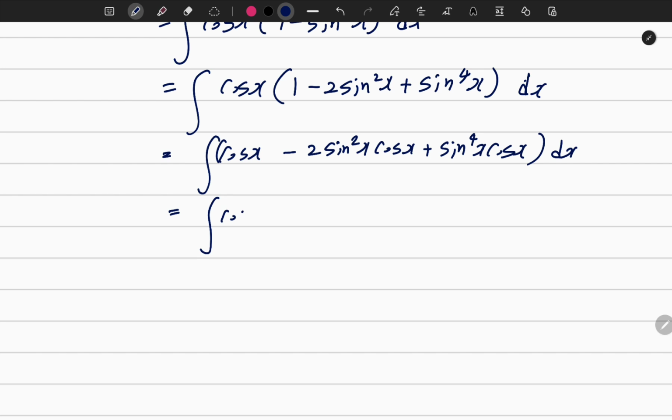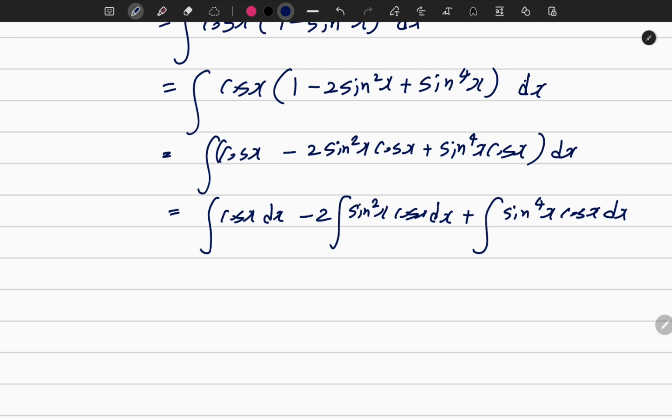So this is cos x, this is dx, minus, since 2 is a constant, I'm going to take that out of the integral sign. So this is minus 2 sin square x cos x dx, right? Plus sin to the fourth power x cos x dx.